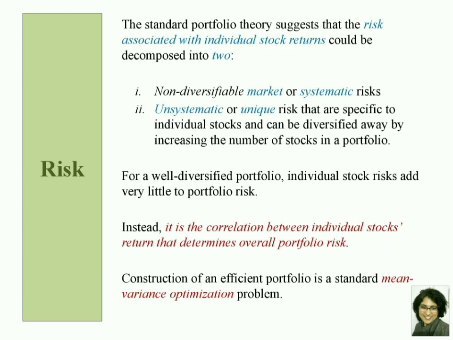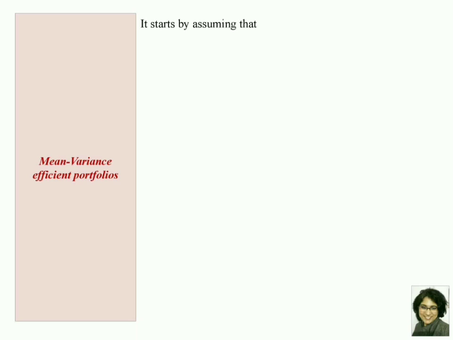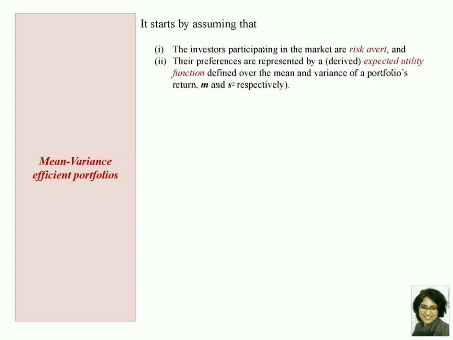Now, construction of an efficient portfolio is a standard mean variance optimization problem. It starts by assuming that, number one, the investors who participate in the market are risk averse, and secondly, their preferences are represented by a derived expected utility function which is defined over the mean and variance of a portfolio's return.